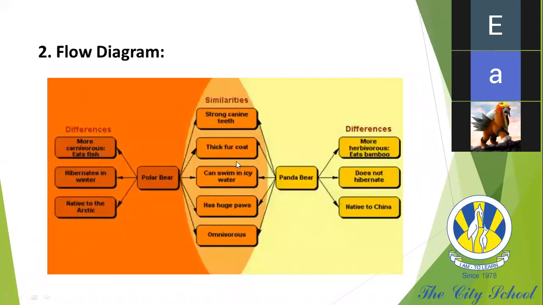The second thing is the flow diagram. This is something maybe new to you guys, so can you please look at the screen and tell me what the two subjects are here? What are the two subjects which we are comparing or contrasting?